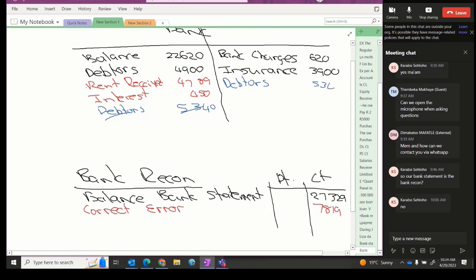Debtors, you see. Let's do it here on the side. Say you have debtors. You received the money, so it was here in the bank, 5340. But now the bank says this person doesn't have the money. You have to rewrite it. So you put it here again so that it shows that the person still owes you.